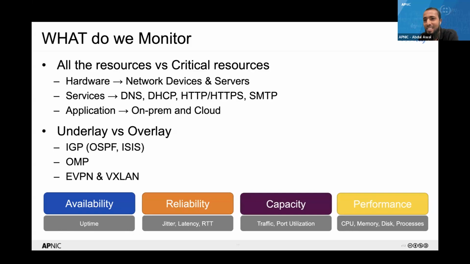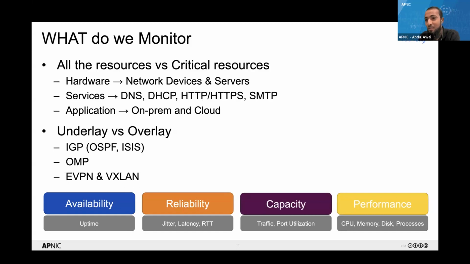DNS, DHCP. For example, if you don't monitor your DHCP, and if there is a problem in the DHCP server, many of your customers and users are going to complain. And if you have a monitoring system, before their complaints come, you can get the alert from the system even before the customers or users, right?